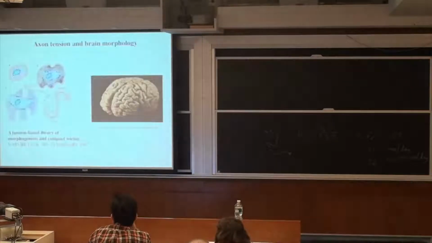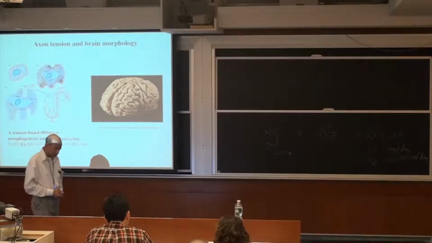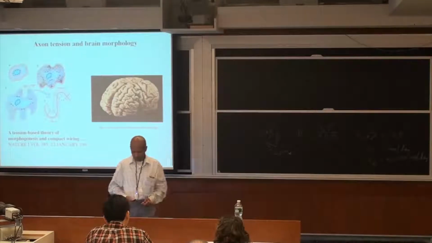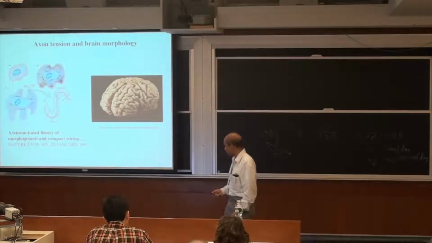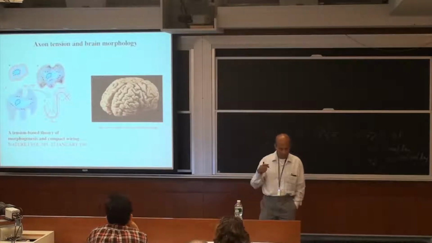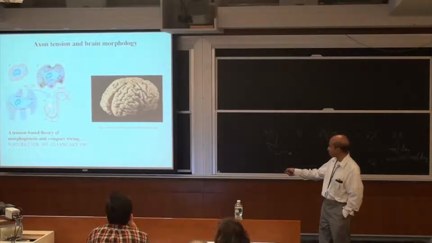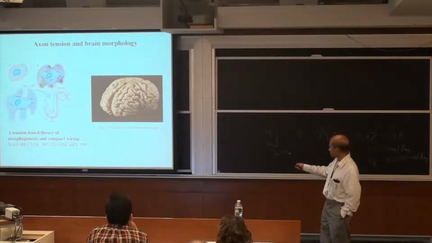Okay, I'll skip this one. So the fact that neurons might be under tension has been thought about by neuroscientists for some time. I think one of the first papers that came out was in 1997 by Van Essen, and he made a proposition that the brain neurons have this tension, which gives rise to this folded structure.